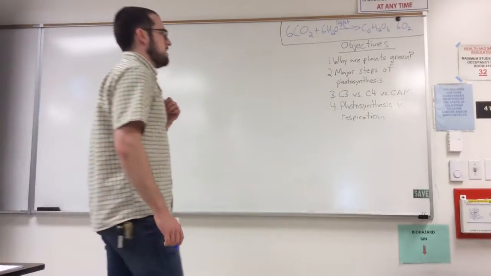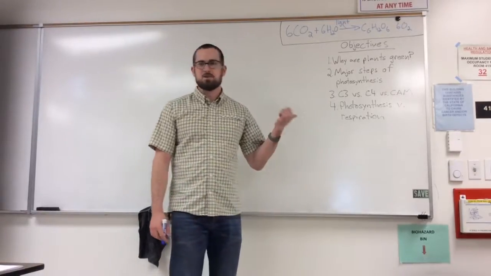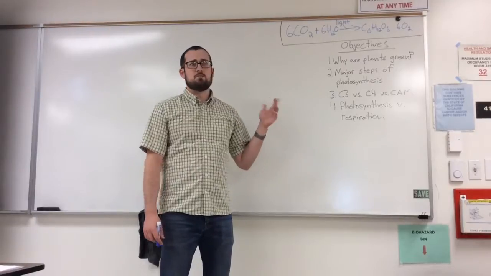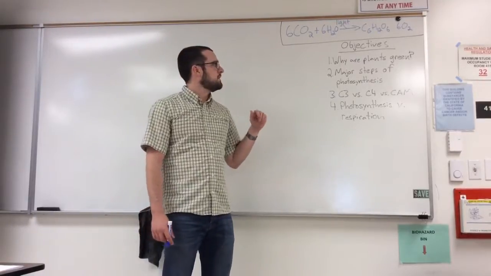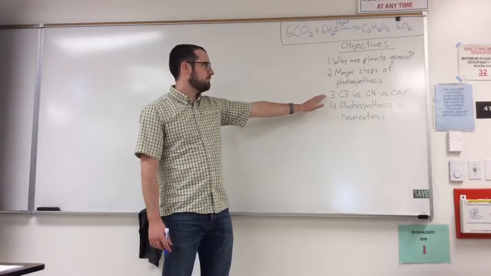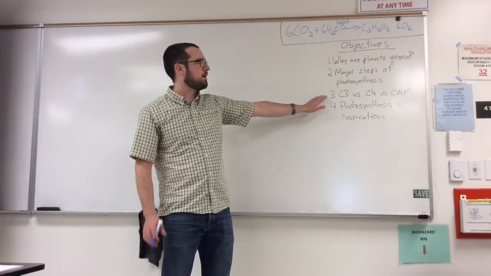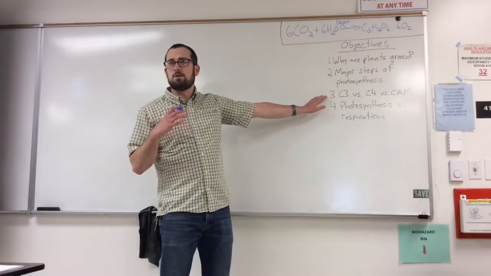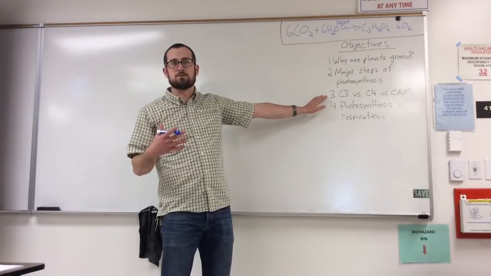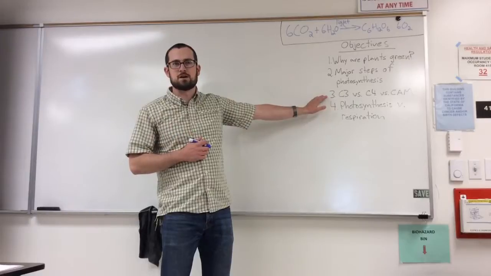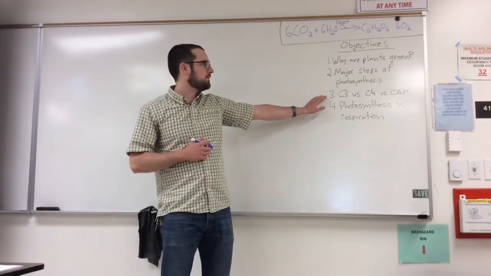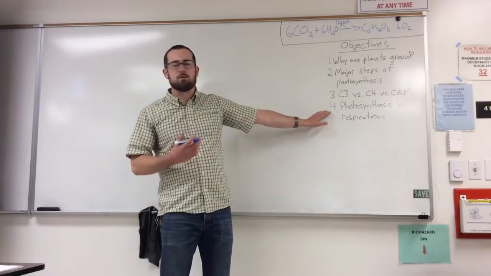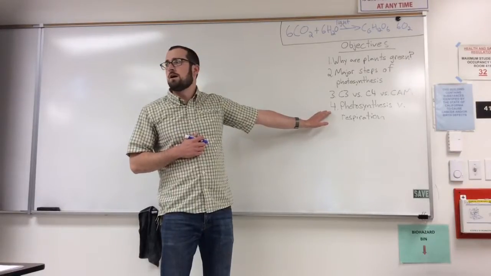So they are being able to answer why is it that plants are green, be able to talk about the major steps of photosynthesis, be able to kind of at a pretty high level compare 3 different types of photosynthesis, which are C3, C4, and CAM photosynthesis, and we'll explain what those terms actually mean later on in the lesson. And then lastly, be able to compare and contrast photosynthesis and respiration.